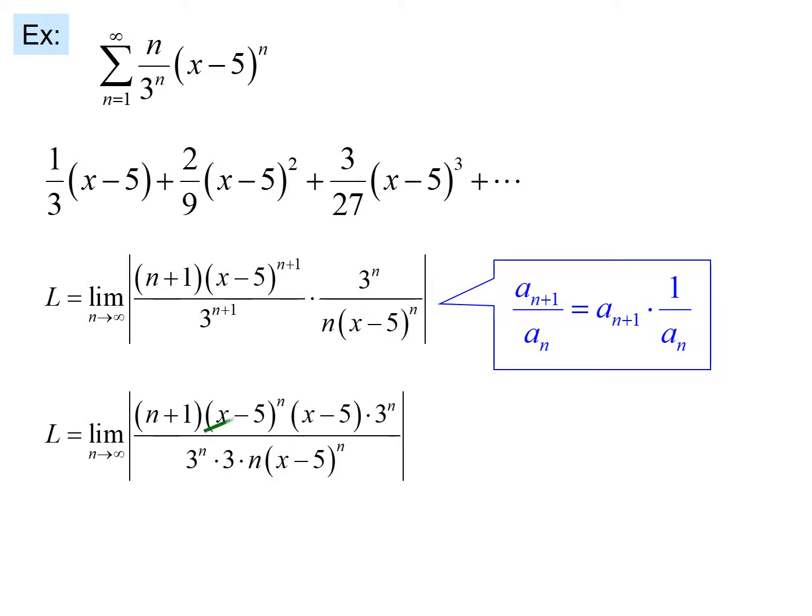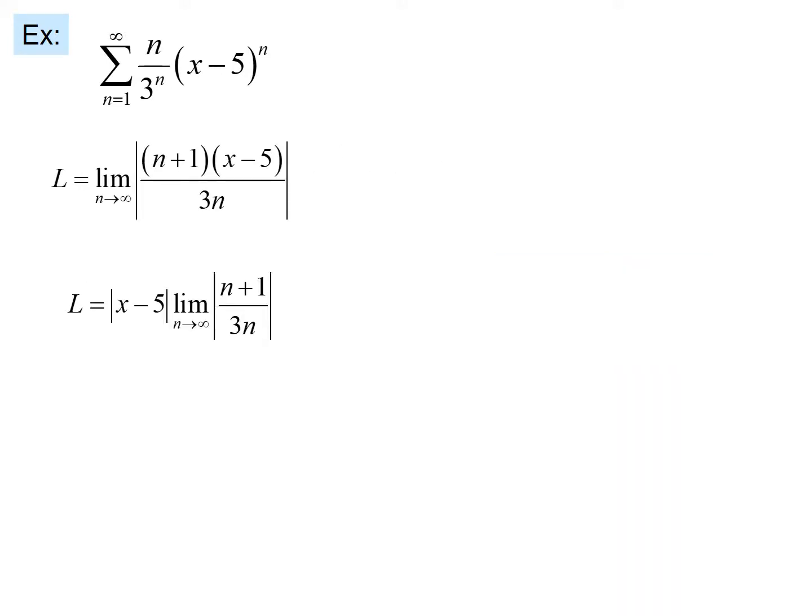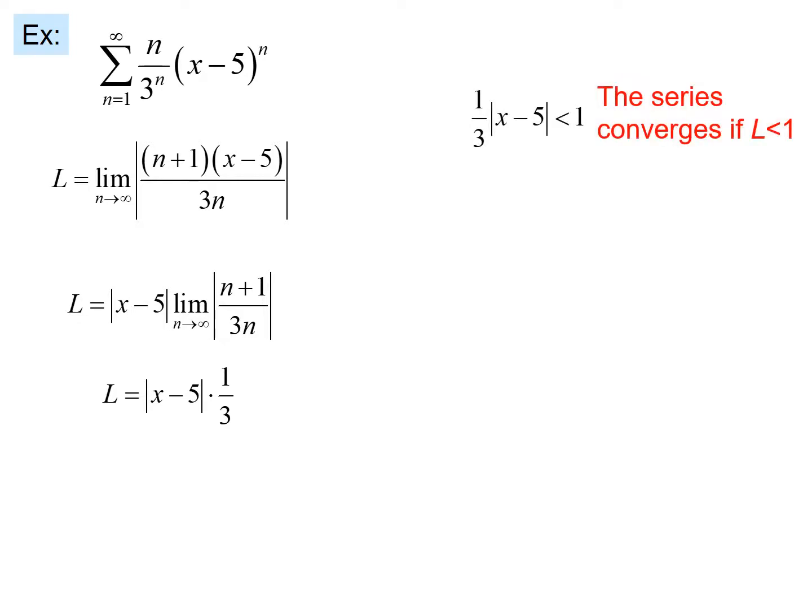And we expand and simplify. Take out x minus 5 because the limit is as n approaches infinity, which doesn't affect x. And so we get absolute value of x minus 5 times 1/3.